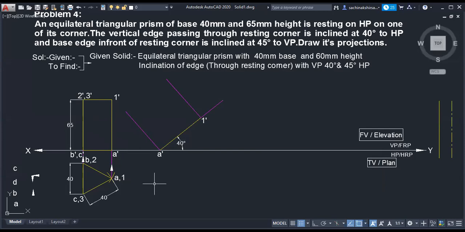What is that distance? A dash to B dash, or 1 dash to 2 dash.